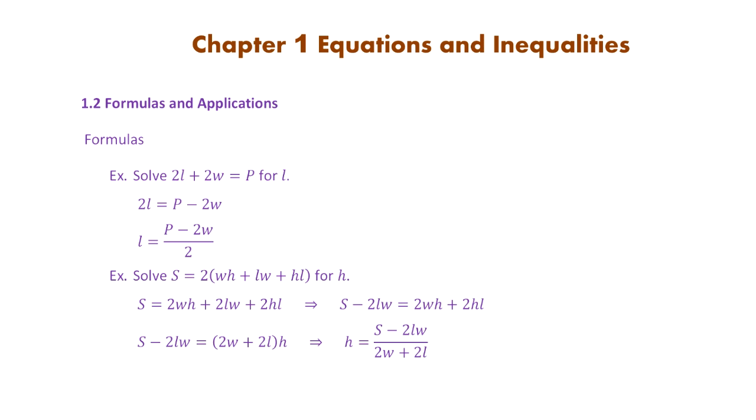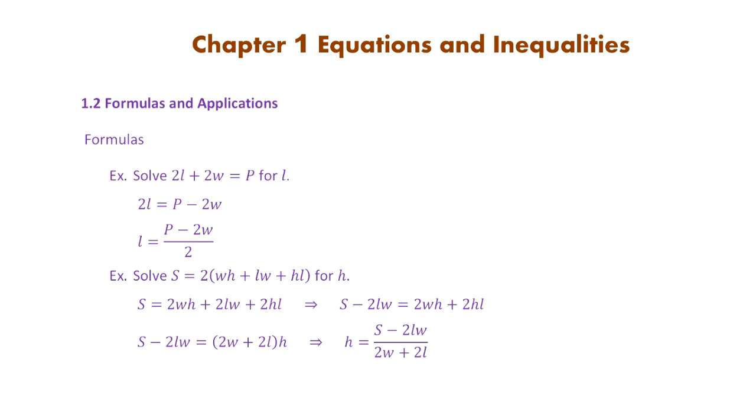The way to do it is to separate the variable you want to solve for from the other variables, putting the terms with that variable on one side and the other variables on the other side, like we did here.